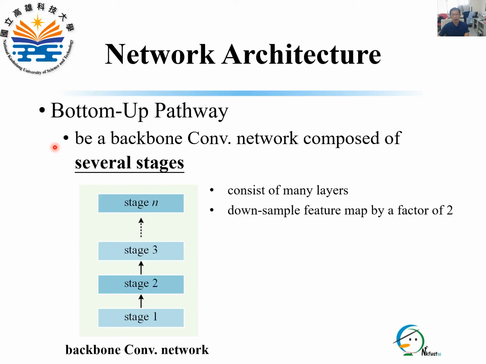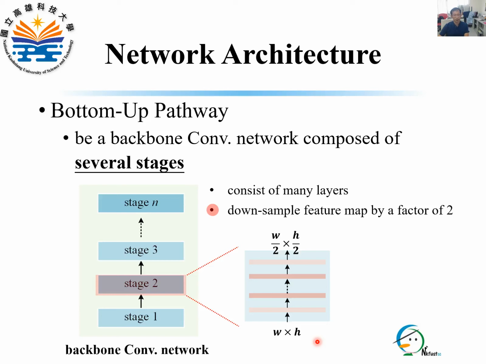In general, bottom-up pathway is a backbone convolutional network composed of several stages. A stage consists of many layers and downsamples the input feature maps by a factor of 2. In more detail, for a stage taking a feature map with size W times H as its input, it will produce a feature map with the size W over 2 times H over 2.